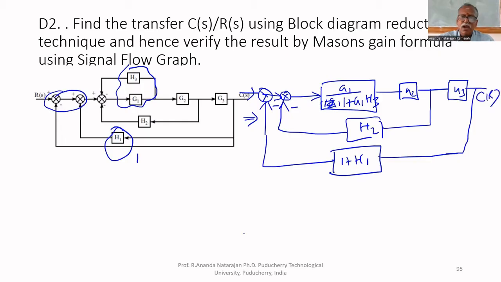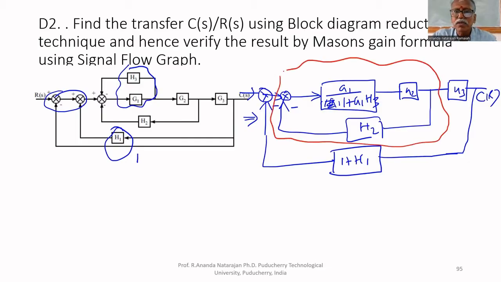C of S. Now, G2 can be combined with this. This part can be reduced. G2 can be multiplied with that and it can be reduced. Therefore, G1, G2 upon 1 plus G1, H3.